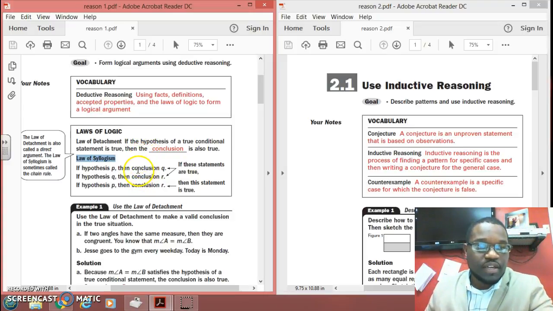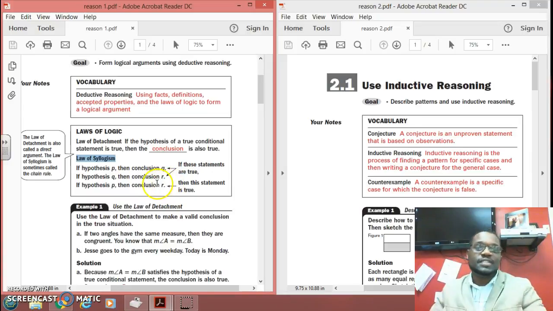All right? Now, the law of syllogism says if the hypothesis P, then a conclusion Q. If these statements are true, it's saying if P then Q, then if Q then R, then P then R. That's basically saying if the hypothesis of a sentence is true and the conclusion is true, and then that conclusion becomes a hypothesis and another conclusion is true, then the original hypothesis and the new conclusion are also true.